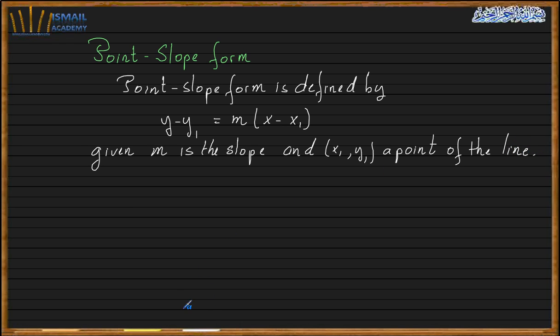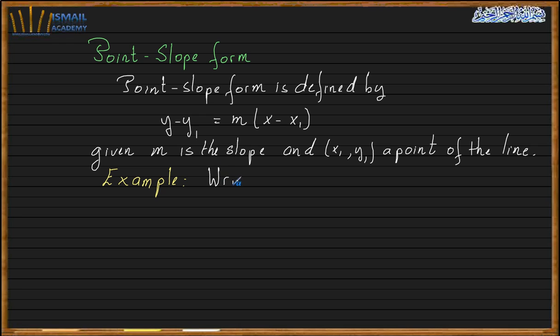Alright, let me give an example of how we can write point slope form. I will give you a different scenario so you will understand both cases.